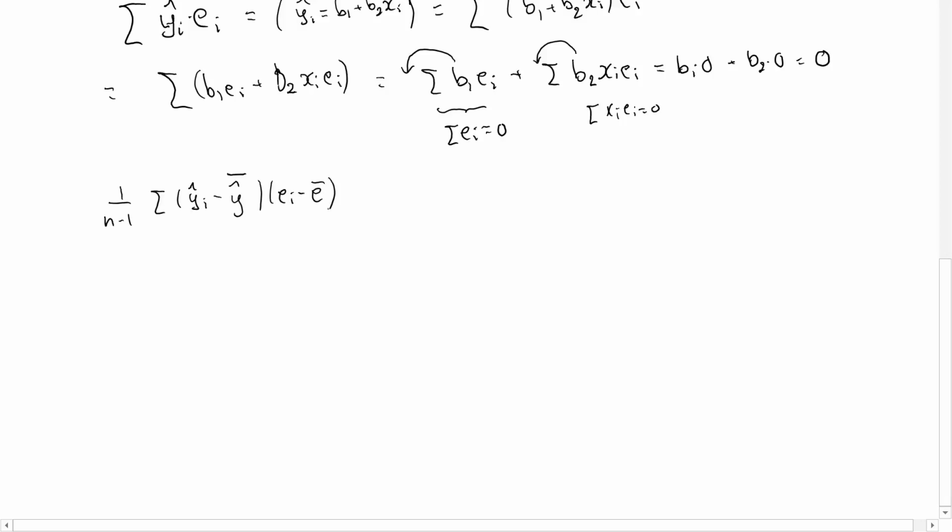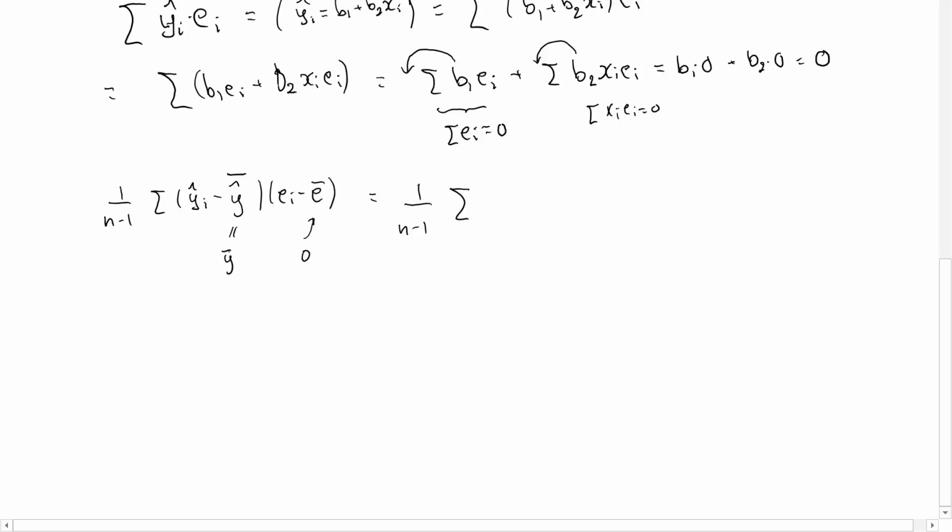That's the definition of the sample covariance between fitted values and residuals. Well, e bar is 0, as we've seen before. So this is 1 over n minus 1 summation, and the mean of the fitted values is the same thing as y bar.